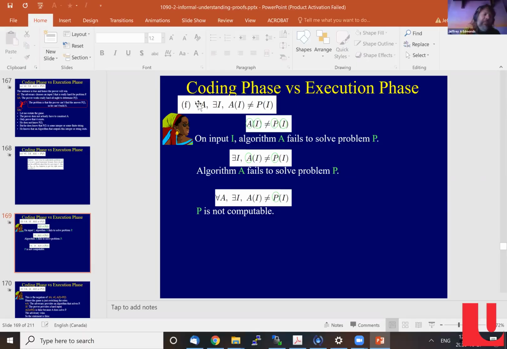The adversary is trying to say it's false. So the adversary gives me some arbitrary algorithm, right? Let A be an arbitrary algorithm. And then my goal is to prove that this arbitrary algorithm doesn't solve the computational problem P, right?